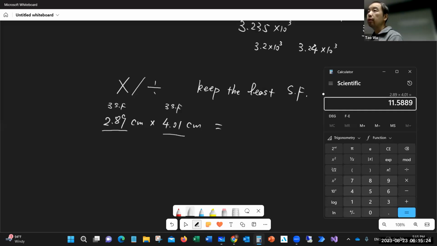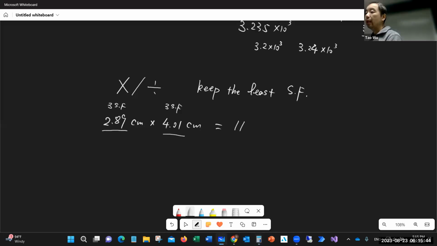Since both are 3 sig figs, you're only going to keep 3 sig figs here. So 11.5889, keep 3 sig figs. That's 1, 2, 3. You look at the next one, which is 8, so you round up the 5 to 6. So that's going to be 11.6 in this case.